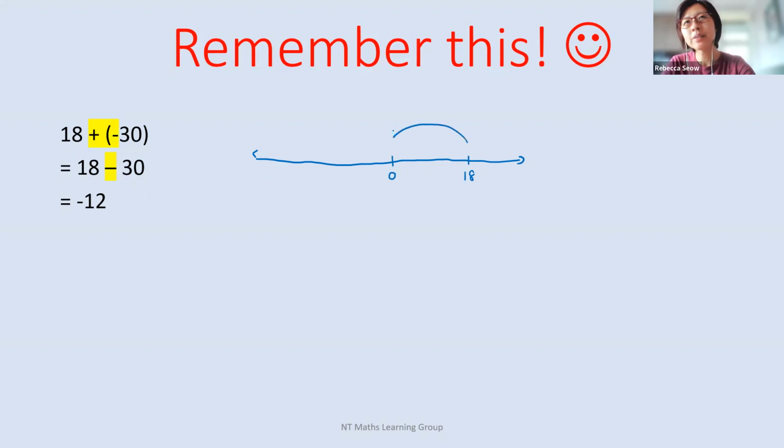So from 18 all the way back to 0, it would be to take away 18 units, right? And how many more units do I need to take away in order to make up a total of 30 units? Now that would make another 12 units. And this would be negative 12. So I will end up at negative 12.